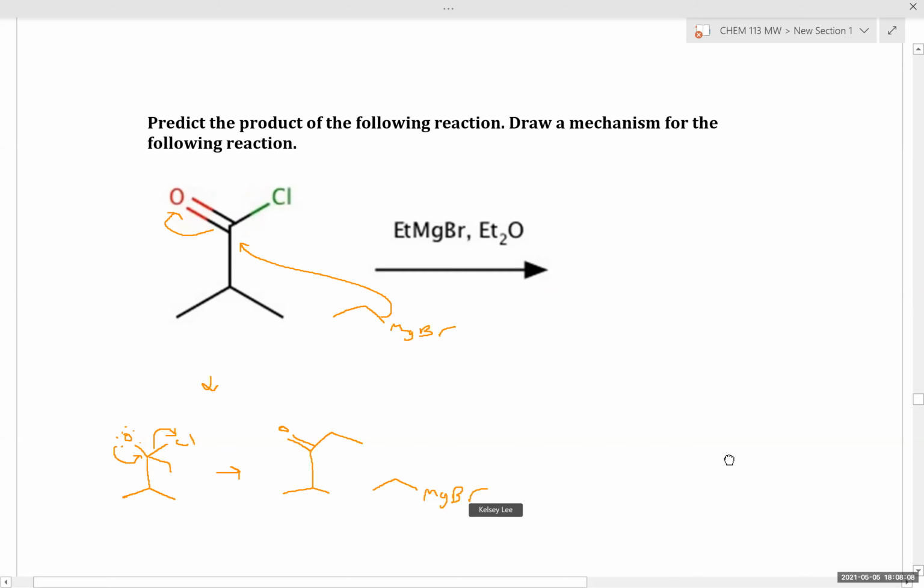However, that ketone will not stick around for very long, and that ketone will readily react with a second equivalent of Grignard, and that in turn gives us a tertiary alcohol.